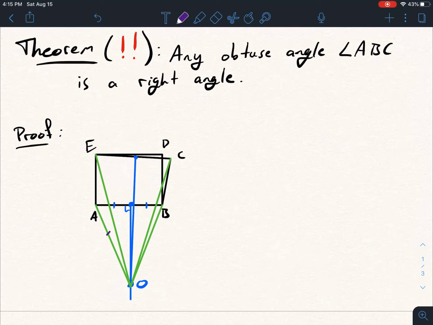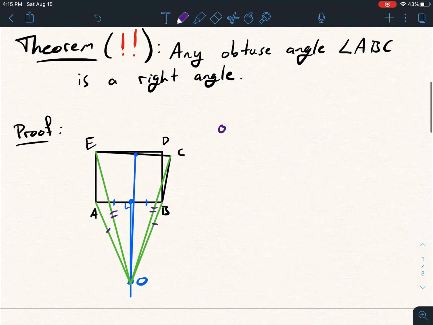I can say that these two lines here are equal, OA and OB. And then these two lines here are equal, OE and OC. So I get that OA is equal to OB, and then I get OE is equal to OC.